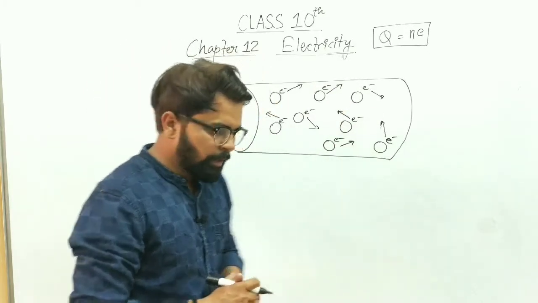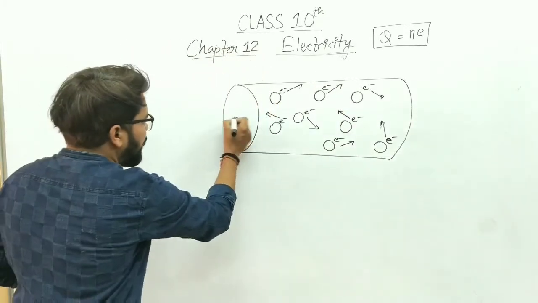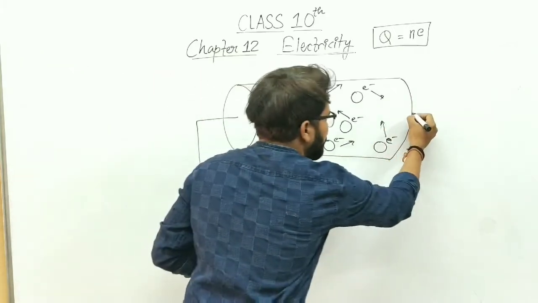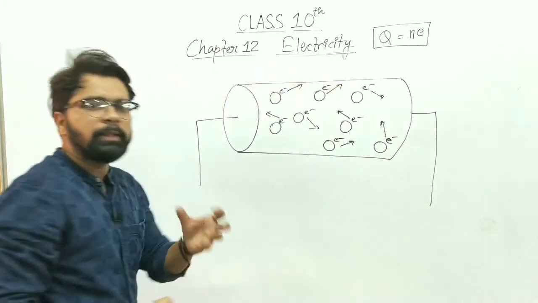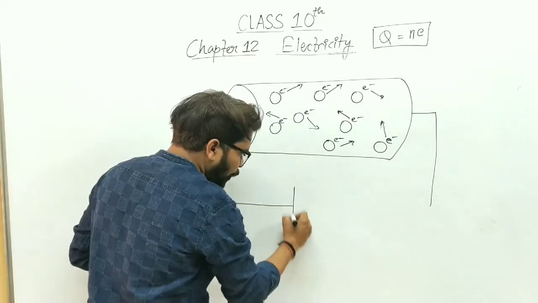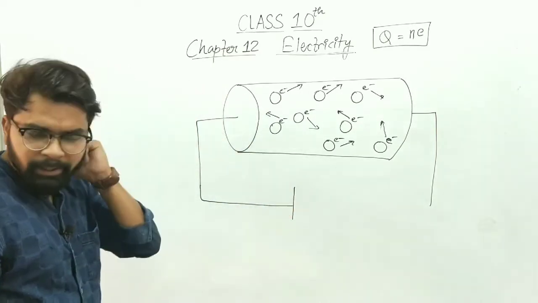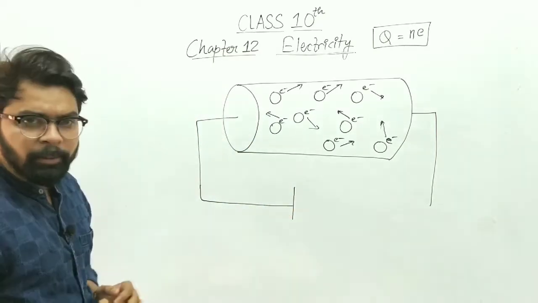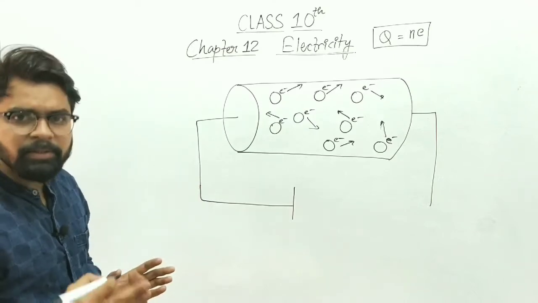We are going to connect the two terminals of the wire to a cell. We all know that a cell has two terminals, a positive terminal and a negative terminal.